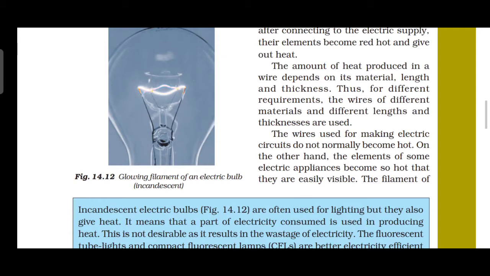The wire used for making electric circuits does not normally become hot. On the other hand, the elements of some electric appliances become so hot that they are easily visible to our eyes. Some wires may not become hot, while some elements become hot.